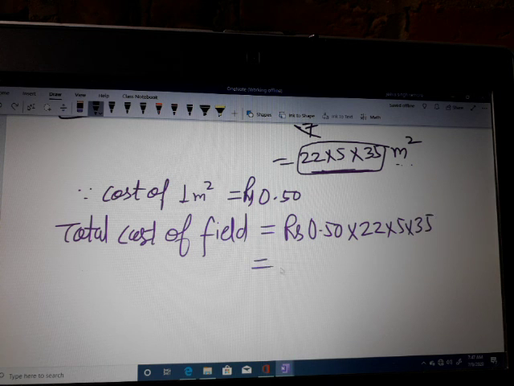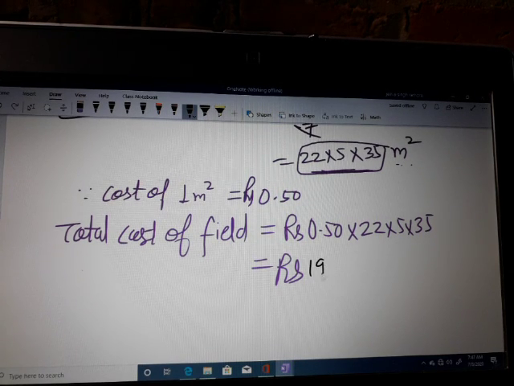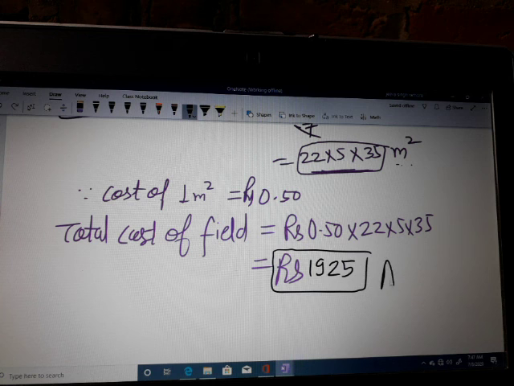So finally you will get the answer, that is equal to 1925 rupees. This is your final answer.